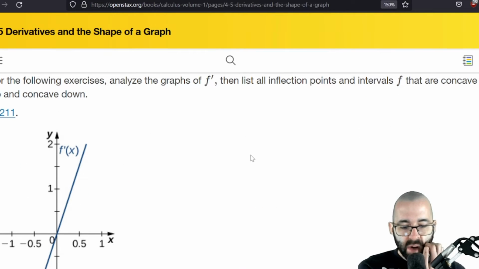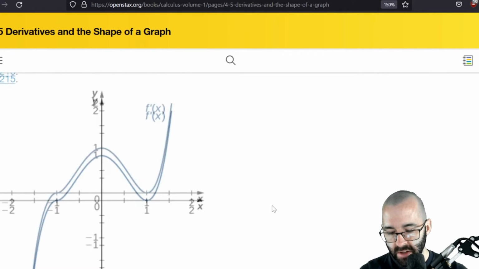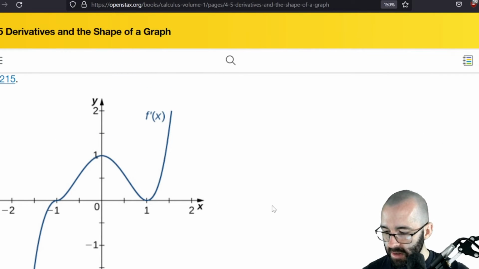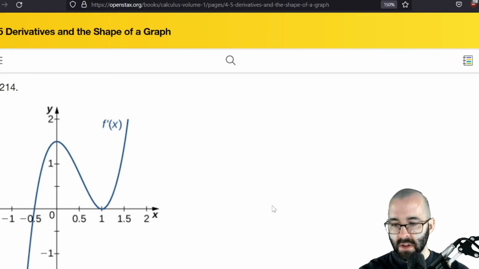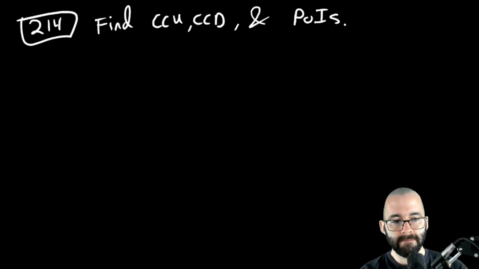Analyze the graphs of f prime, list all inflection points and intervals that the original function is concave up and concave down. Okay, so find where it's concave up and concave down, and inflection points.